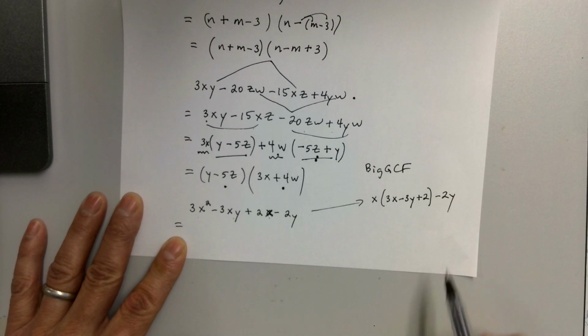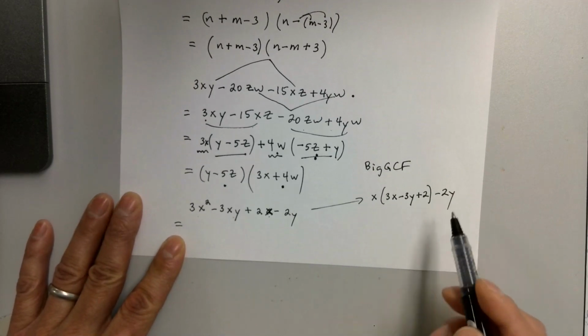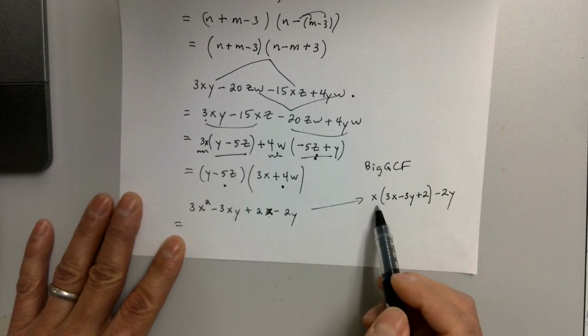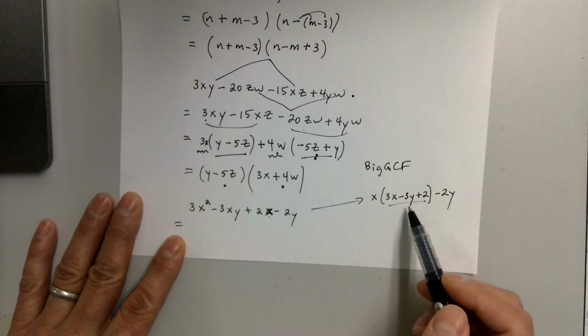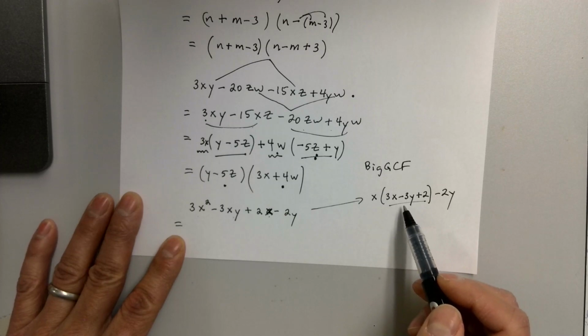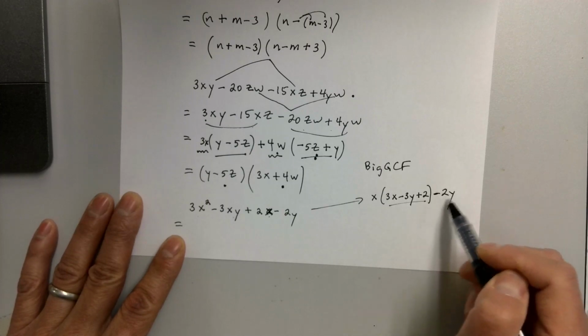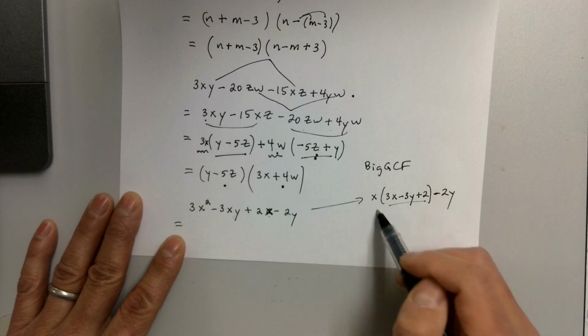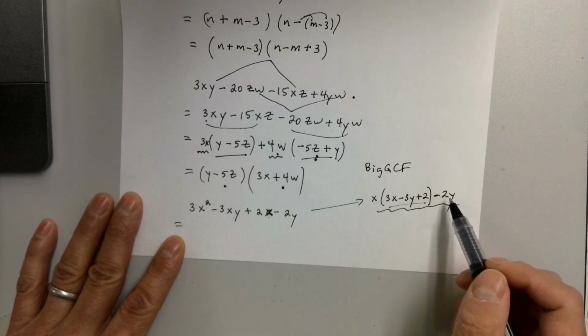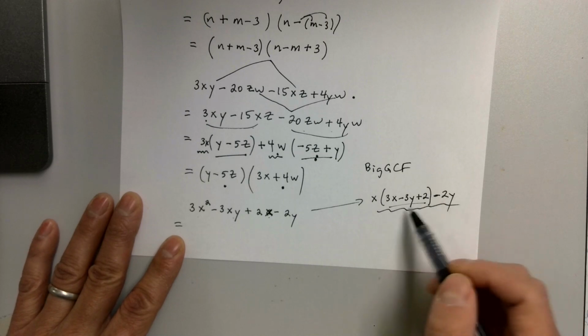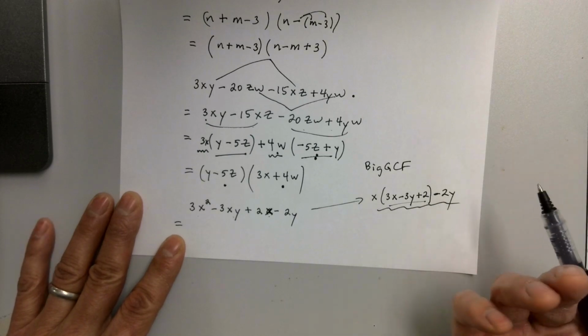I get this. And I call this a dead end because, sure, I've taken out the GCF, but look at my leftover. My leftover is very weird looking. It's nothing like we've seen before. Plus, I have this minus 2y tacked on at the end. This is not going to go anywhere. It's not a factored form of anything, and there's nothing here that I can work on further.